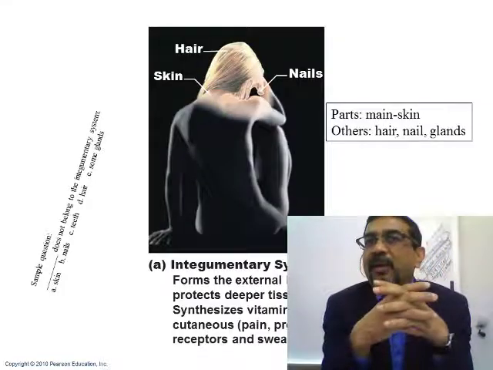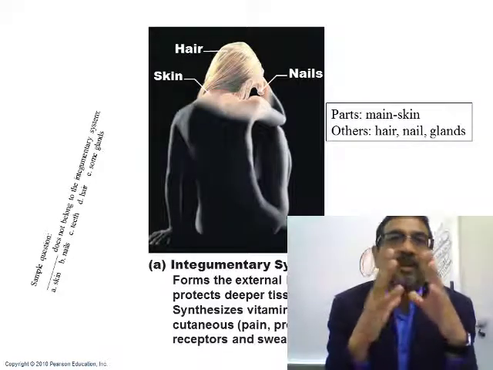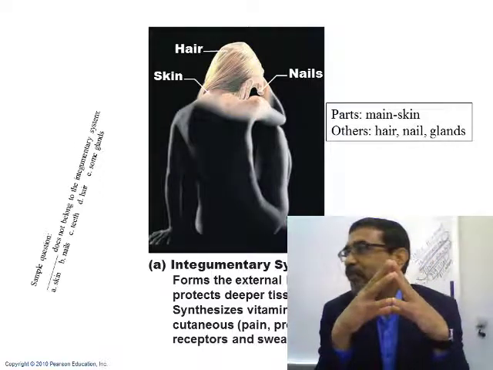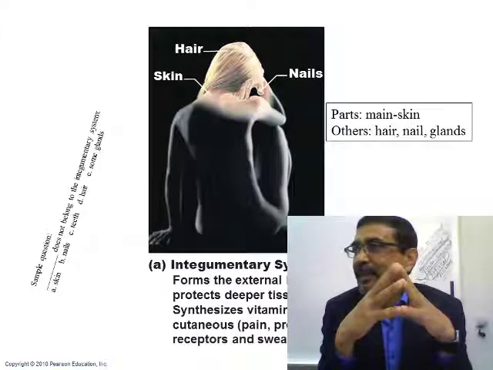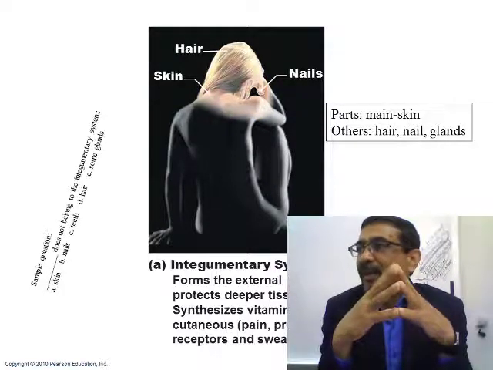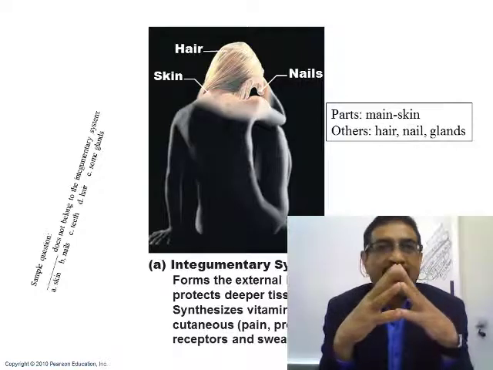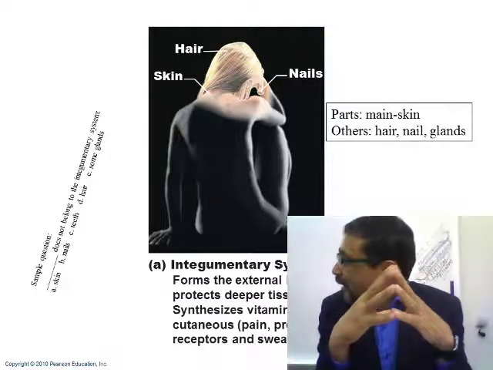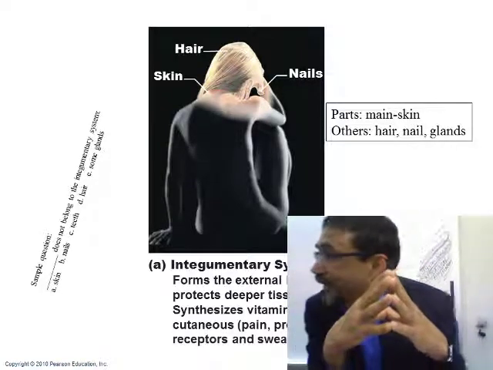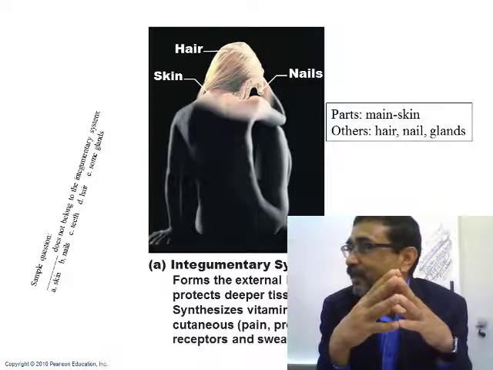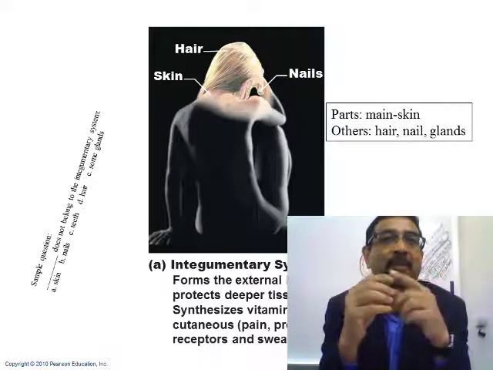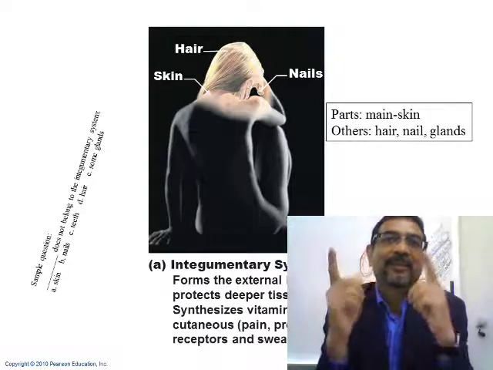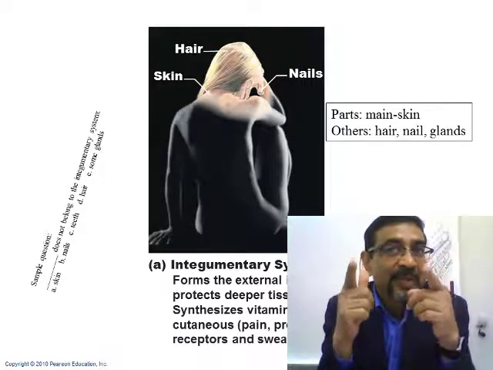So the parts of this system are skin, which is the main organ of this system, hair, nails, and the glands of the skin. Remember, you have many glands in the body, not all glands are parts of integumentary system. The glands of what? The glands of the skin.